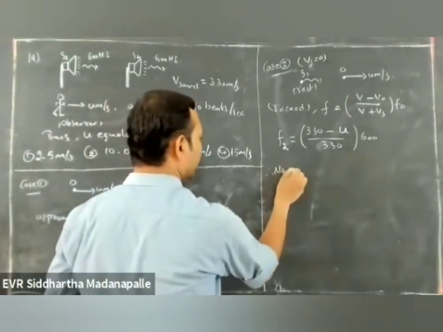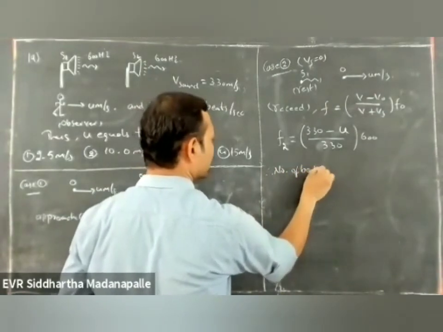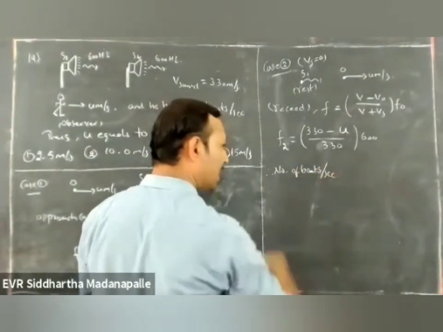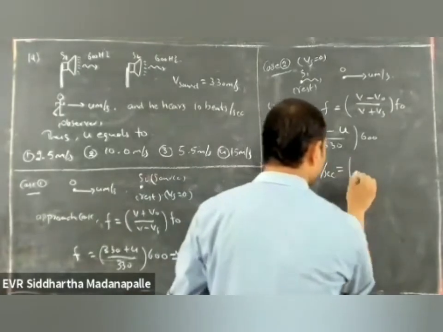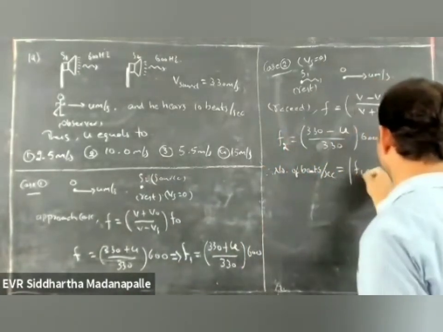Therefore, the number of beats per second heard by the observer is equal to the modulus of F1 minus F2.